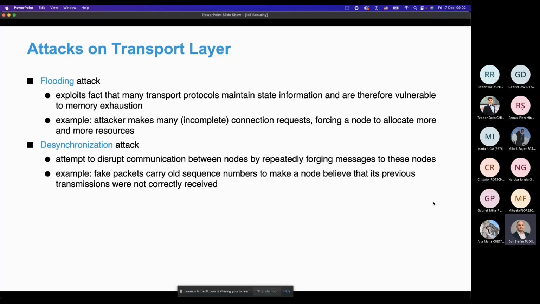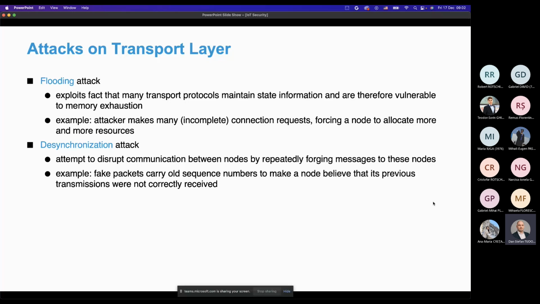So, especially when you have devices with a limited memory footprint, an attacker may repeatedly make new connection requests. Each new connection request will add more state information at the affected node.